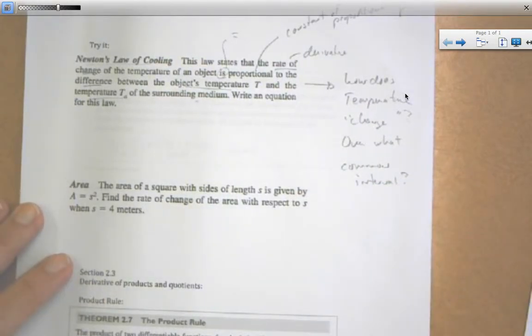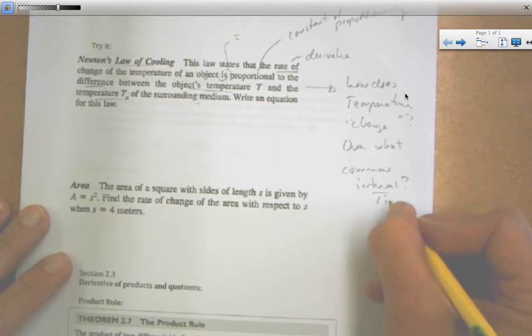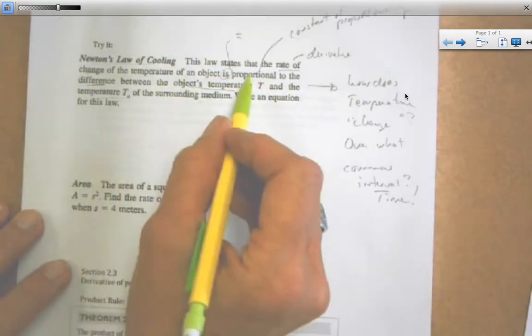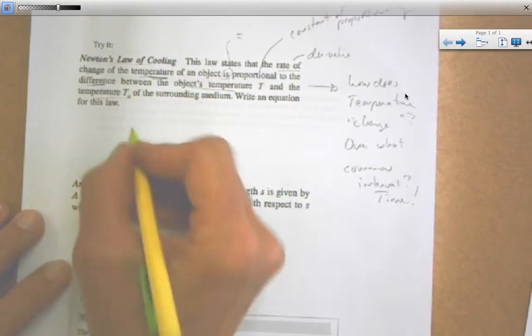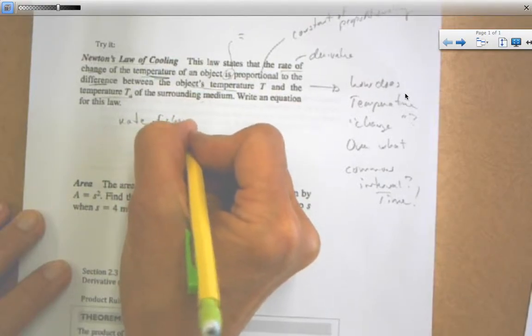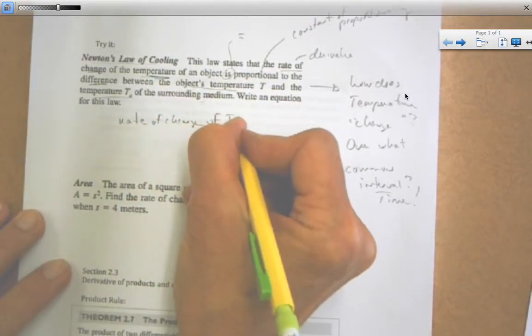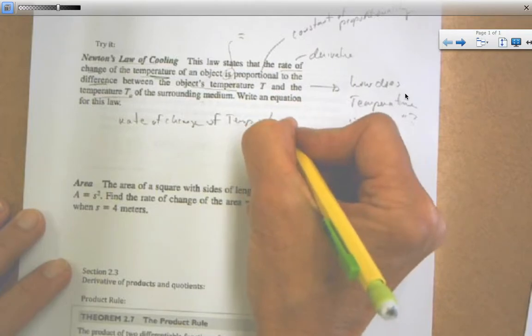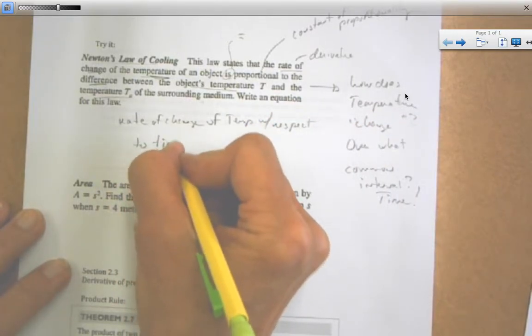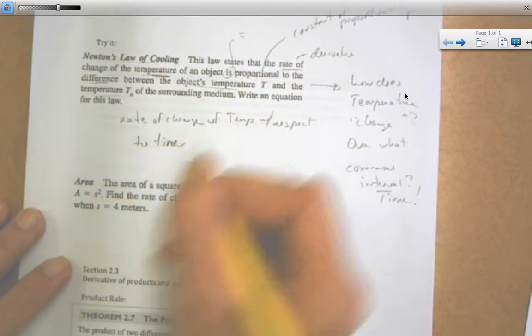Well, we watch temperature change over time. So if I'm going to find the rate of change of temperature, I'm finding the rate of change of temperature with respect to time, because we measure temperature over time.